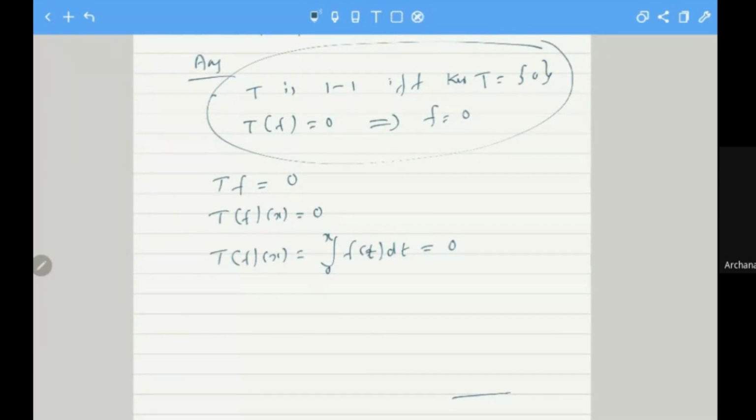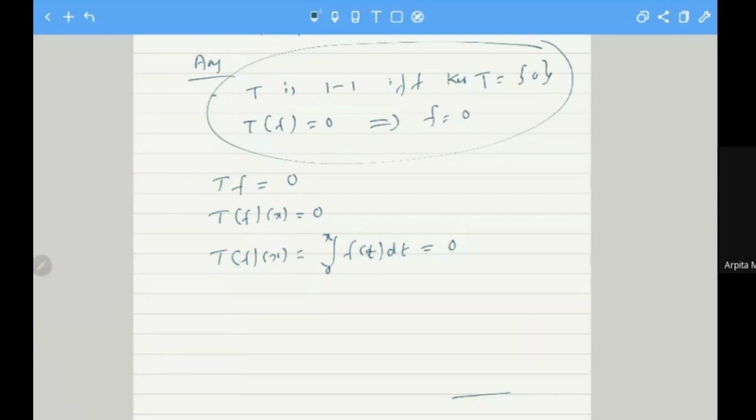Sir, if we take any two constant functions, then the integral value will be 0. That means f(x) equal to 2 and f(x) equal to, suppose, 3, their image will be 0. But 2 is not equal to 3, so it can be said that it is not 1-1. No, it is going to be 1-1. Yeah, so that's what I'm claiming.